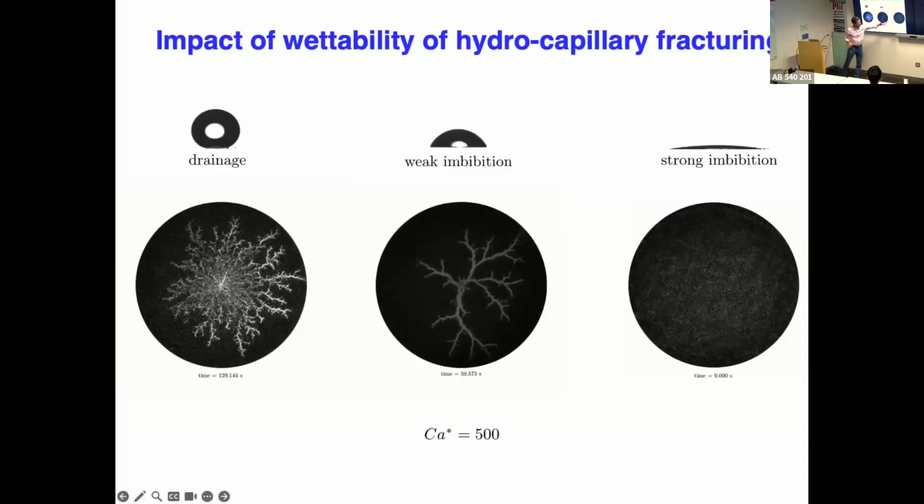And then you say, well, let's take this to extreme. We go to the strong imbibition regime. The fluid that we inject is super wetting, so we're going to get even more fracturing, maybe just 2 or 3 fractures developing only. But instead, we don't see any fracturing at all. So we now understand this as having gone through that wetting transition.